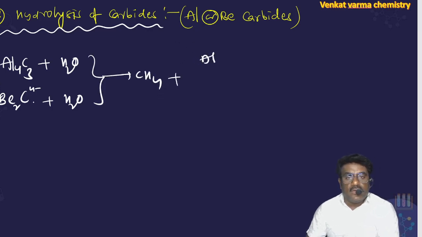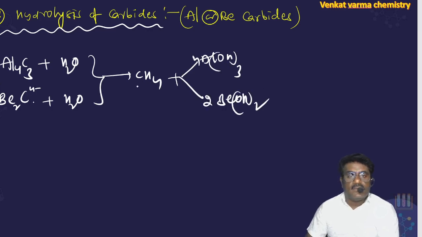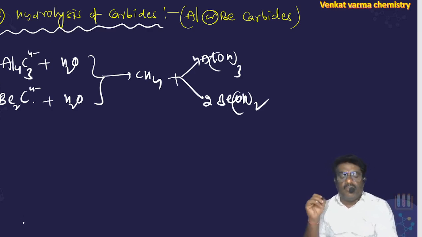It gives aluminium hydroxide and beryllium hydroxide. These are the methods of preparation of alkanes.